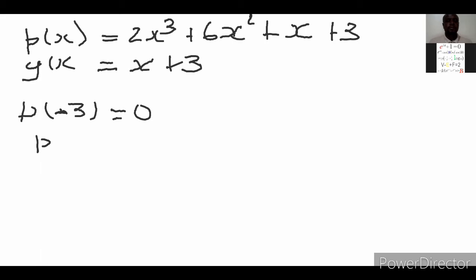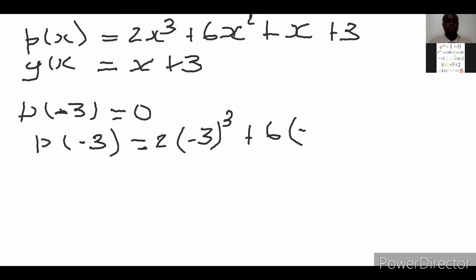P of negative 3 equals 2 times negative 3 cubed plus 6 times negative 3 squared, take away 3 plus 3.